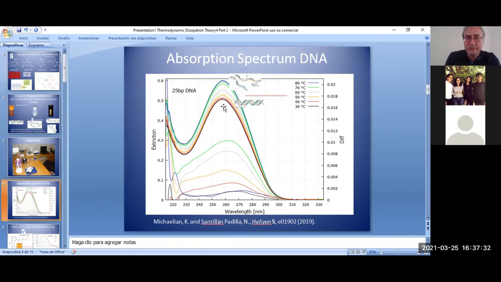And so we measure the absorption. If the absorption is low, then we assume that we have double strand. And that's what we find at low temperature. And as we increase the temperature of the system, then the absorption increases by about 30%. And we get this denaturing, which is single strand DNA.